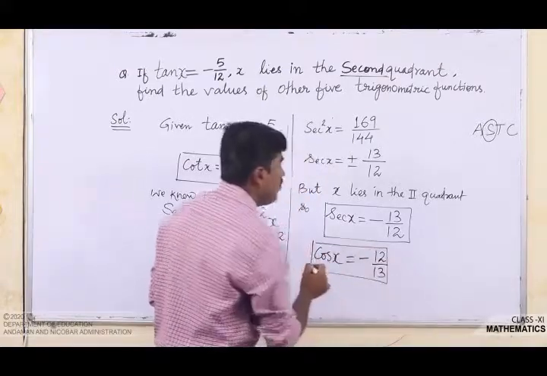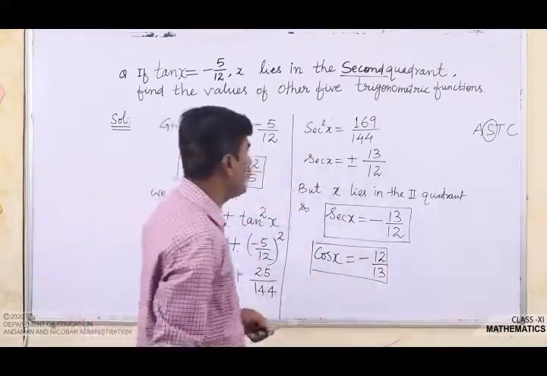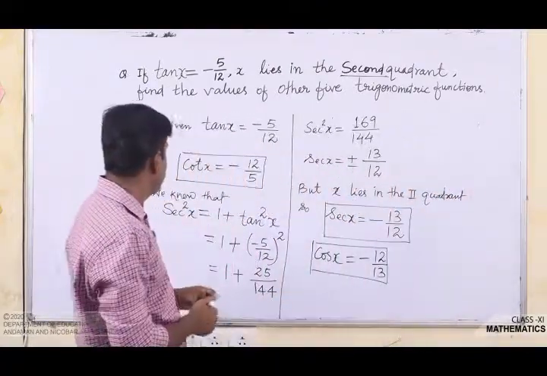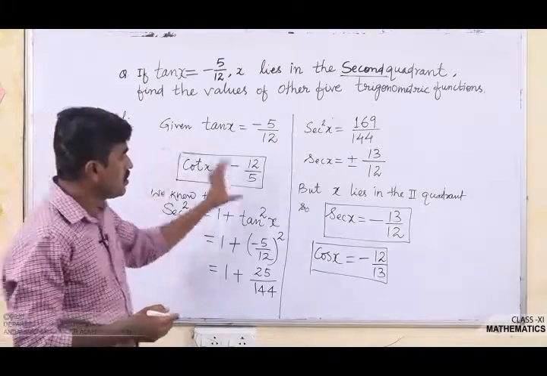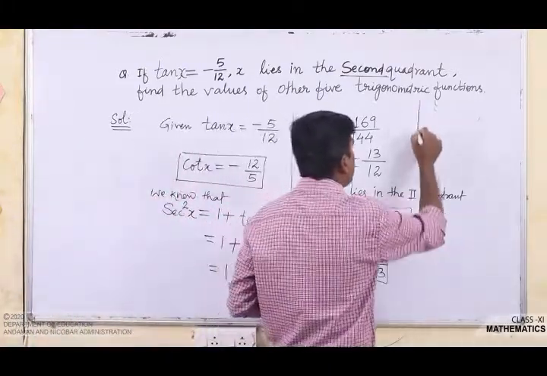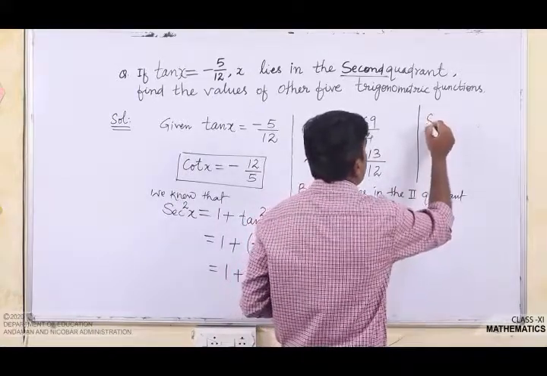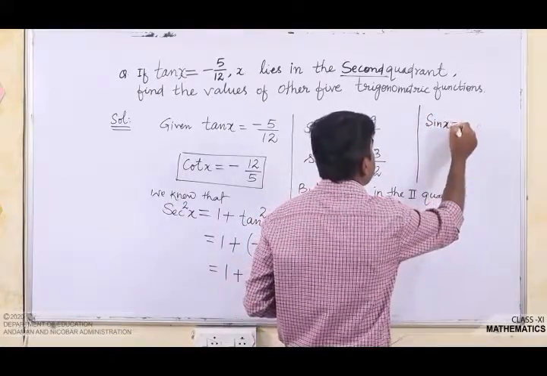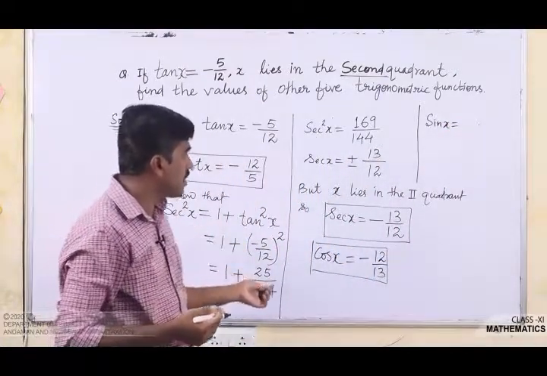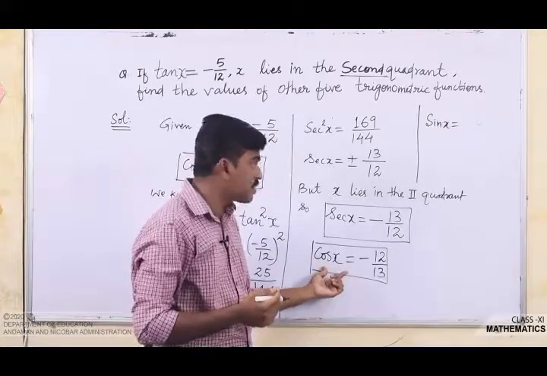Okay. Now we have to find the value of sin x. We got the values of cot x, sec x and cos x. Now we will find the value of sin x. Here we can also use the formula sin square x is equal to 1 minus cos square x, because we know the value of cos x.